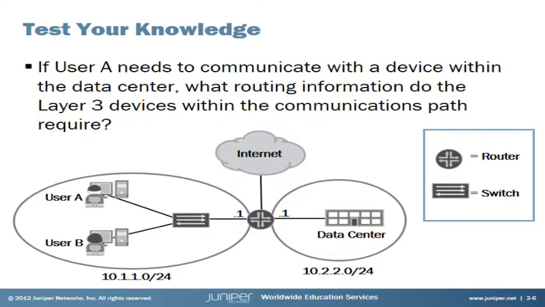If user A needs to communicate with a device within the data center over here on 10.2.2.0/24, what routing information do the layer 3 devices within the communications path require? So let's have a look at the layer 3 devices. Quite obviously, we've got this router right in the middle there.